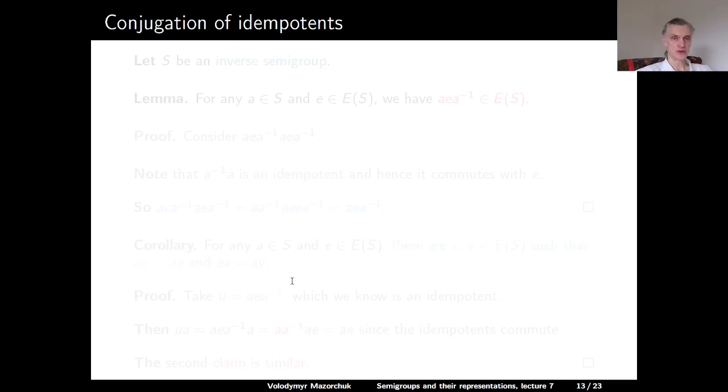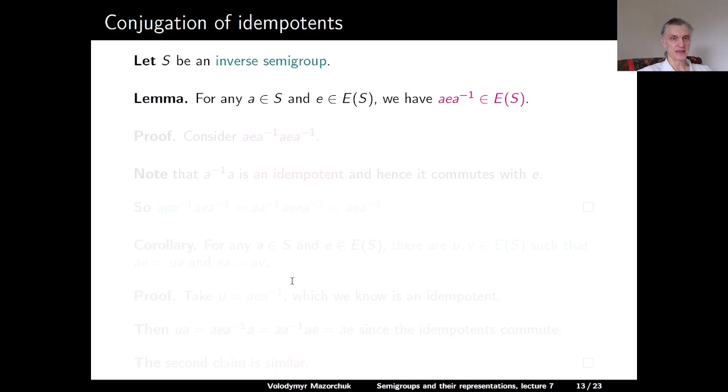Next, let us discuss conjugation of idempotents in inverse semigroups. Let S be an inverse semigroup. Lemma: for any element A in S and any element E in E of S, we have that the product AE A inverse is an idempotent. Proof: consider the product AE A inverse AE A inverse.